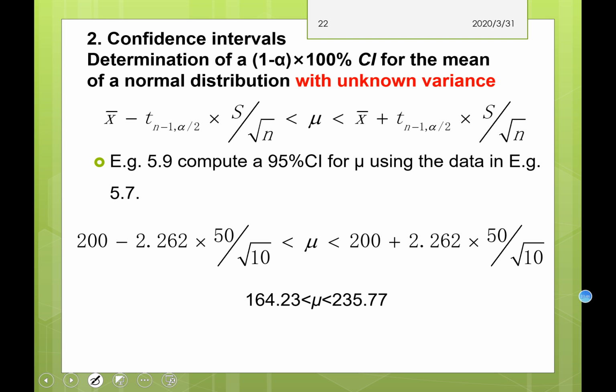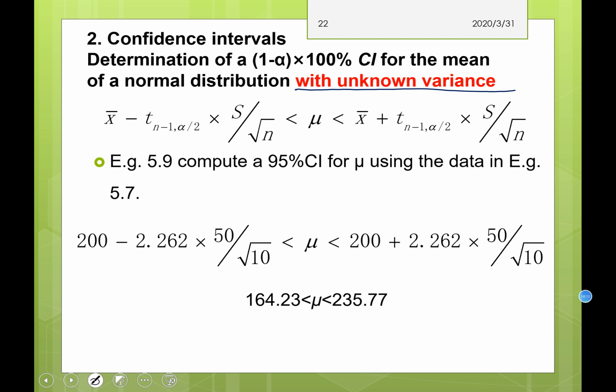We can find that this method for confidence intervals has the same precondition as the hypothesis test based on the t distribution. The precondition is there is no sigma.